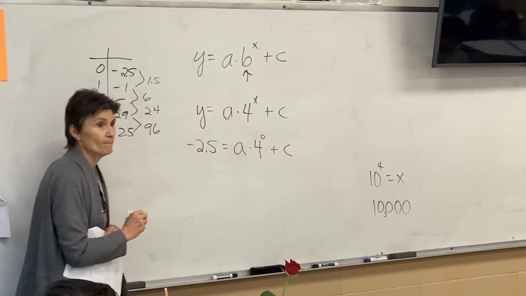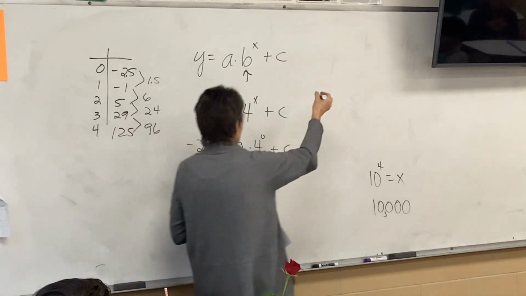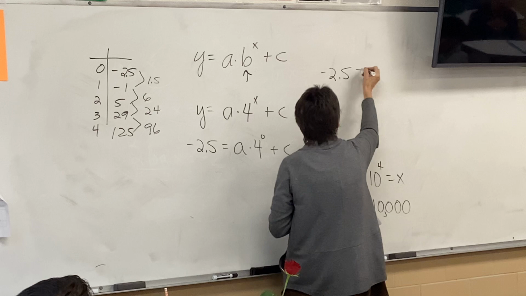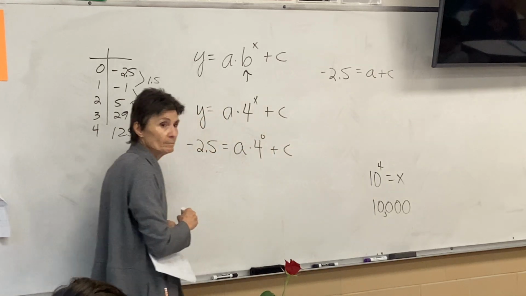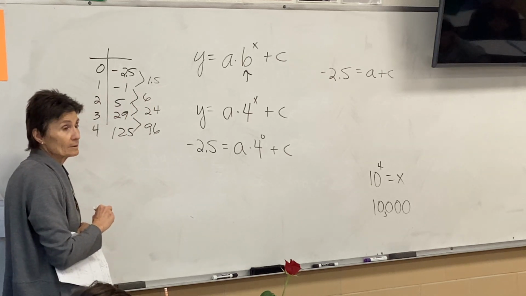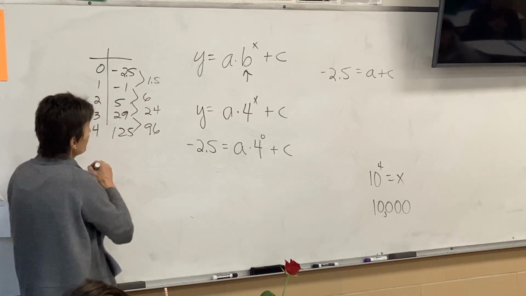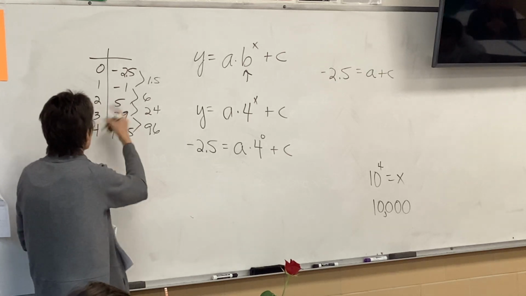Does that make sense to you? We're cleaning that up a little bit. Doesn't that just say that -2.5 equals a plus c, because this is just 1? And then I'll just use the next point. I can use whatever points I want.